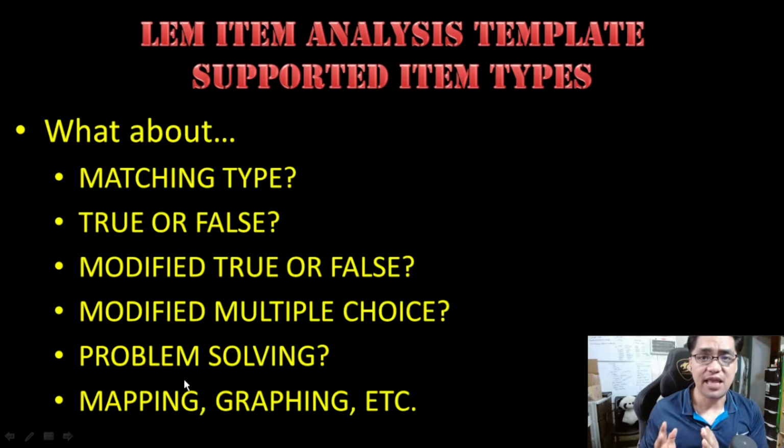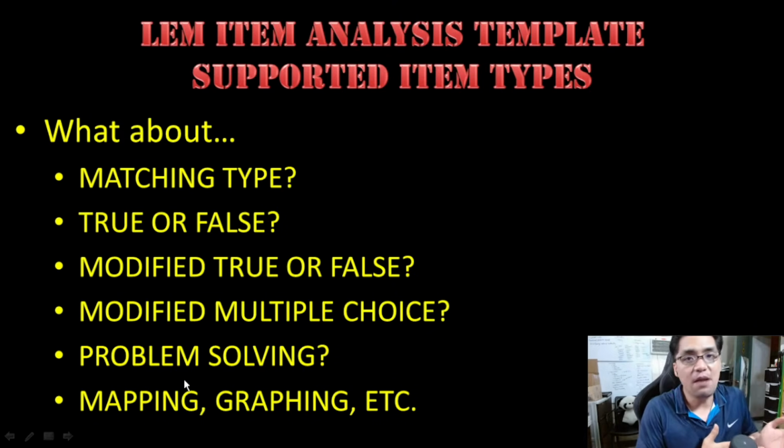But there are some tests and some teachers who score problem-solving non-dichotomously. They check the item and look at certain parts of the calculation. Some parts are correct, some parts are wrong. So there are varying degrees of correctness or wrongness in that particular item. If that is how you check problem solving, then the problem solving item is non-dichotomous in nature.